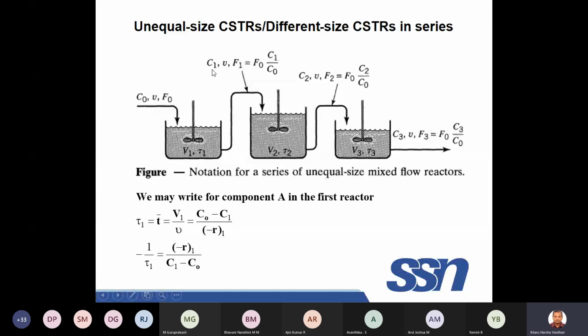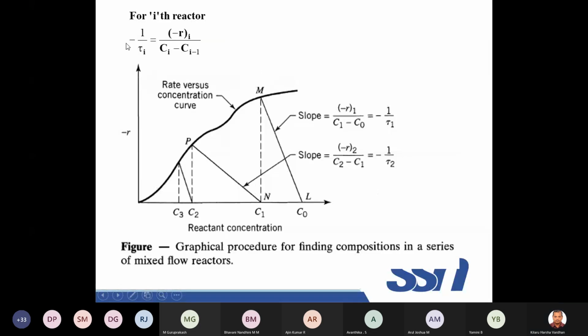So you calculated the C1 concentration. Now once you know C1 is the inlet to the second one, how to calculate C2? Again, now 1 by tau 2, in the sense minus R2 divided by C2 minus C1, right? Because i is 2. So you have a slope of minus 1 by tau 2.